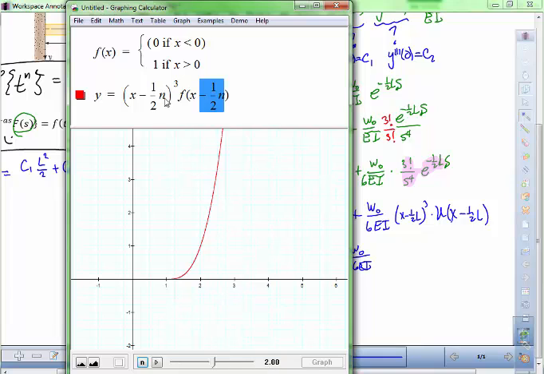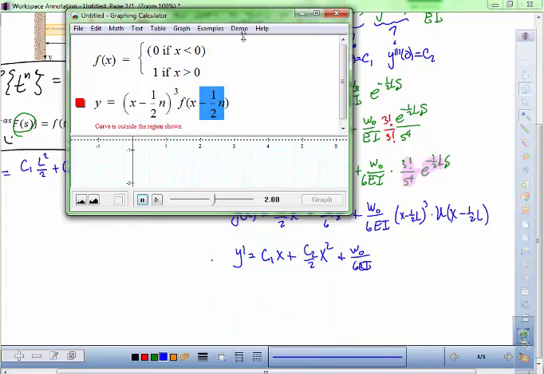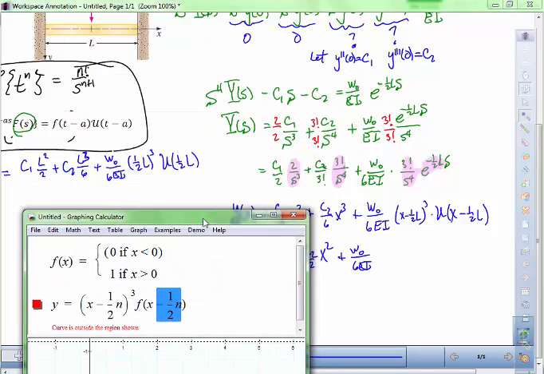I'm using N for L. L is equal to 2 in this case. And this is what happens at 1/2 of N. Right, but when you put in N, you're going to get 1/2 L. Does that make sense?